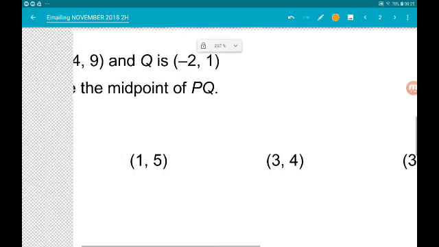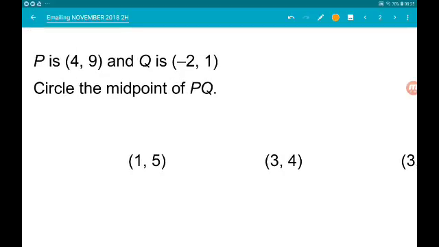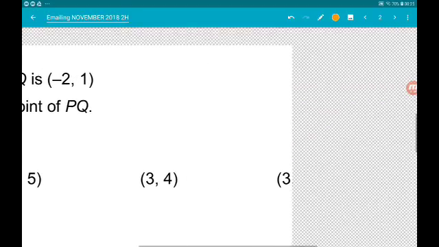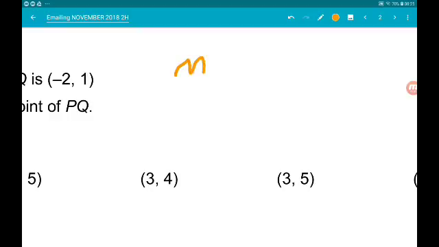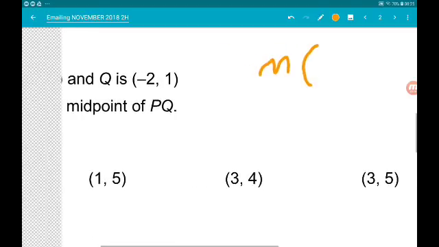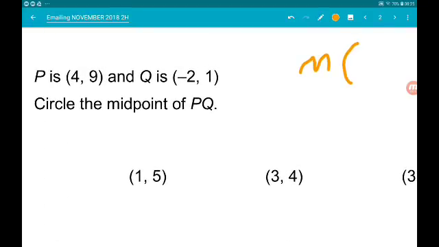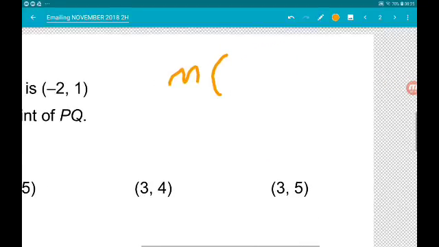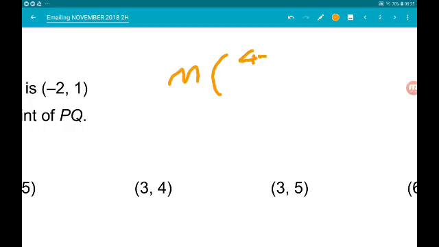Question 2. P is 4, 9 and Q is -2, 1. Circle the midpoint of PQ. Okay, so midpoints are the mean of the x coordinates and the y coordinates. So to find the x coordinate, we are going to do 4 add -2, so that's 4 minus 2 over 2, so that's the mean of the x coordinates.